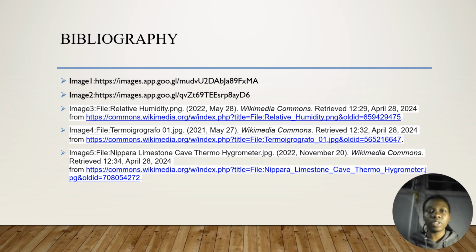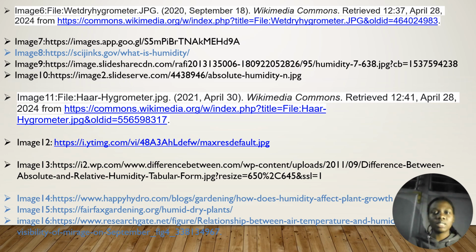This link shows where the images we have seen in our presentation came from. This slide also shows the websites we can visit for more detail about the topic of humidity. This is also a link which will help us find more information about our topic.